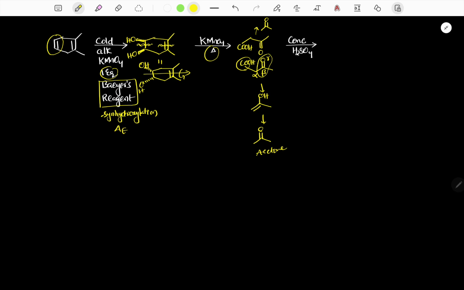Now the product acetone is treated with concentrated sulfuric acid. So it is a memory-based reaction. Three moles of aldehyde or ketone participate in the reaction.